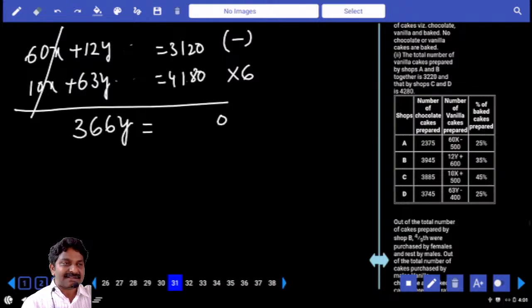Forget about 0, we can write 0 anytime. In both cases we have 0, so don't worry about it. That's what I am telling you. Is it okay?